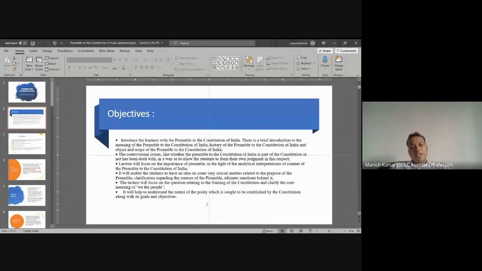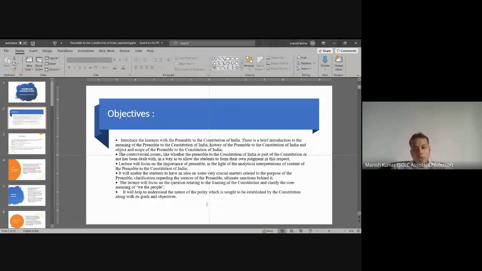And the clarifications regarding the sources of the preamble and the ultimate sanctions behind it. And we'll focus on the questions related to the framing of the Constitution and clarify the core meaning of we the people. So you know the preamble begins with we the people of India.